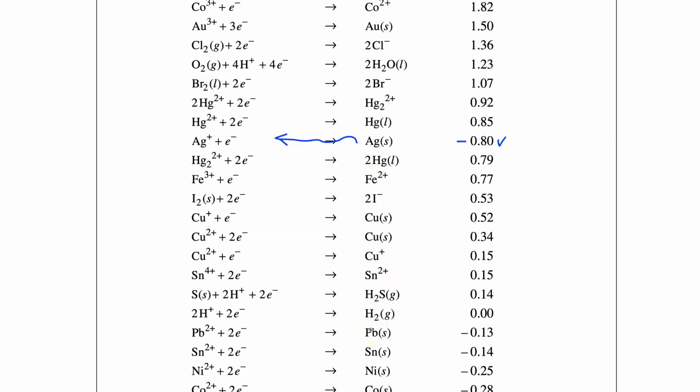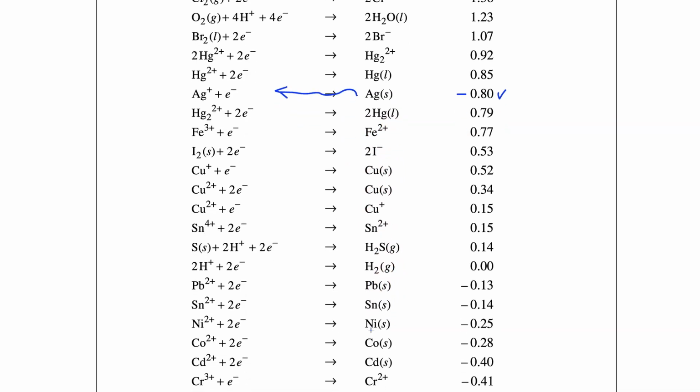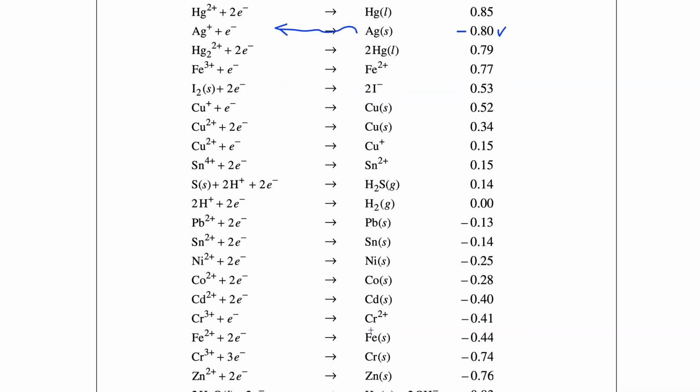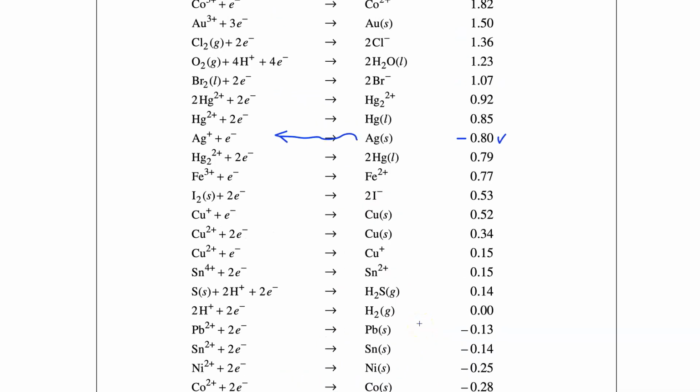As we move down, we're going to find our zinc at some point. And there it is, our zinc going in the reverse direction down here. We change the sign, positive 0.76. So clearly the more reactive metal is the zinc. Another piece of information to think about: where is gold?